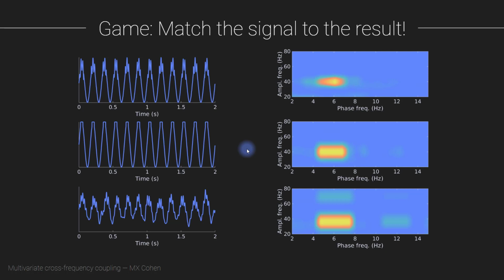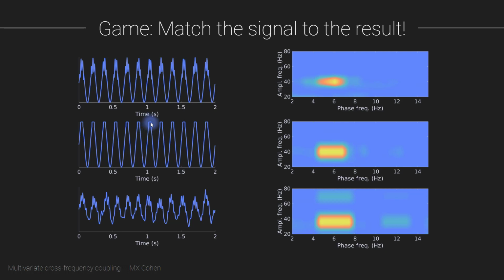So the answer is that it doesn't matter. All these different signals have pretty much the same comodulograms. They look a little bit different, but I could have tweaked the parameters here when generating these signals to make these 3 plots look more similar to each other. And that's particularly striking for this case where, when you look at this sine wave, you wouldn't say that there's cross-frequency coupling happening in this signal.